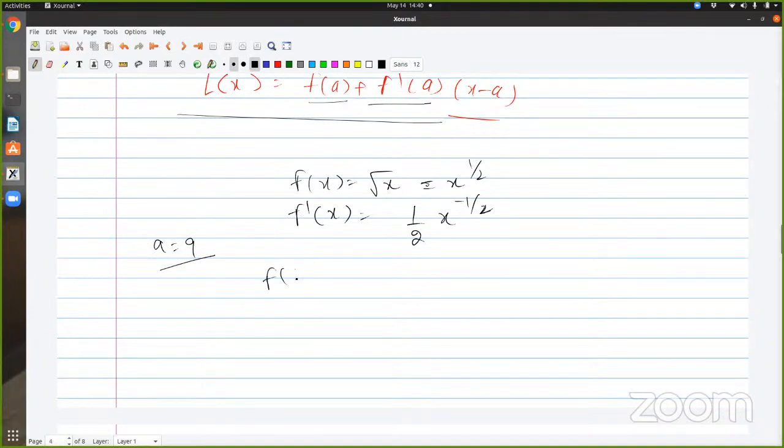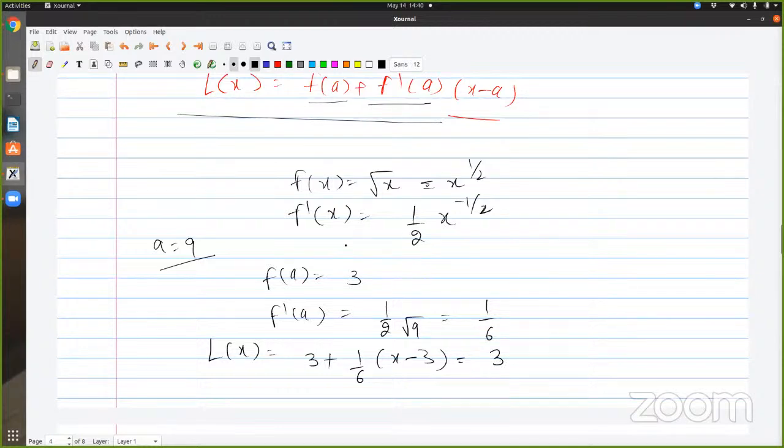So f(a) will be square root of 9, that is 3, and f'(a) will be 1 by 2 square root of 9, 1/6. Now putting the values in the above equation, we get 3 plus 1/6 (x minus 3).